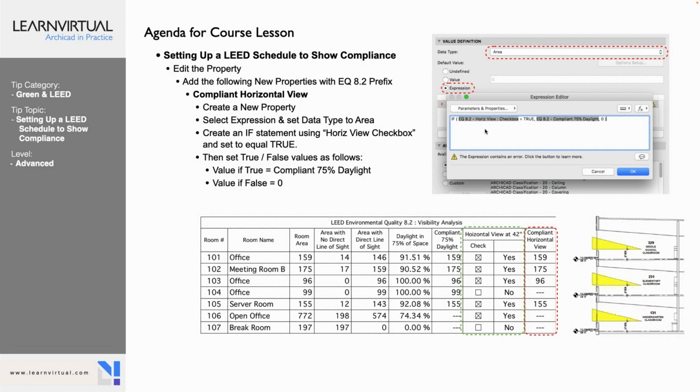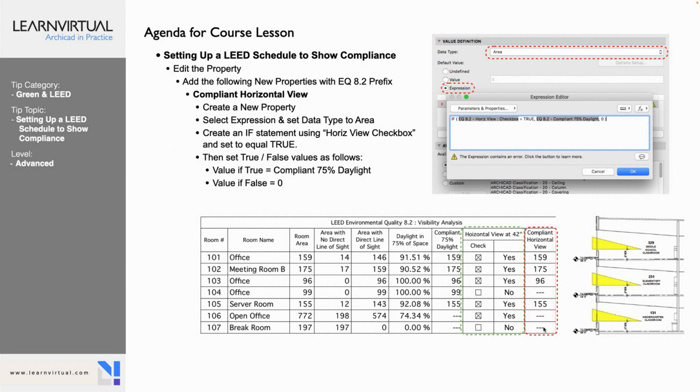So in this case, in order to make this compliant show here, what we're going to do is link together these two pieces here. Remember we talked about, we put this check mark here. And so now we've got this checkbox. If it's true, okay, or if it's not, it's 0. So we added an if statement here, and it's going to be for area and expression. And we're going to have an if statement, and again, EQ 8.2 checkbox, that's this one we did here in this particular field, equals true.